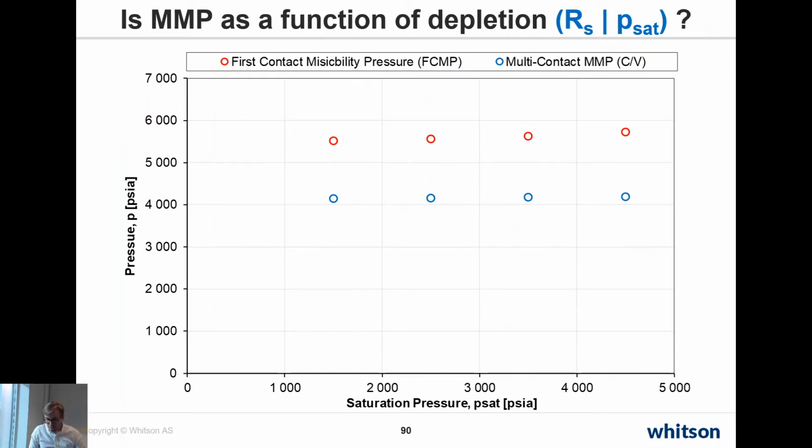Another thing that's very interesting, that comes up as a question many times, is if MMP is a function of depletion. So let's say you have a well with a producing GOR through time that's maybe constant, and then you're dropping below the saturation pressure and it starts to increase like crazy.